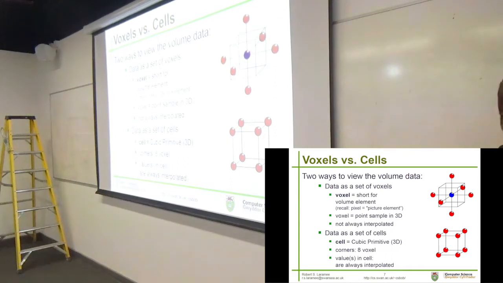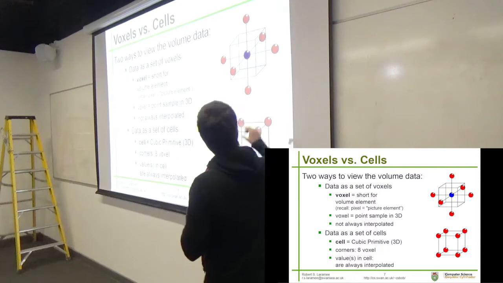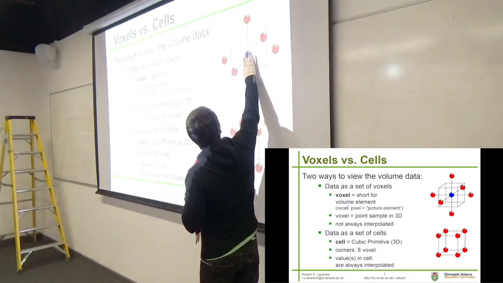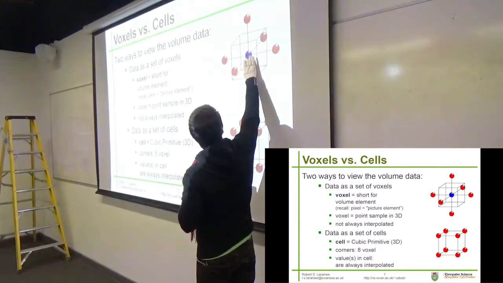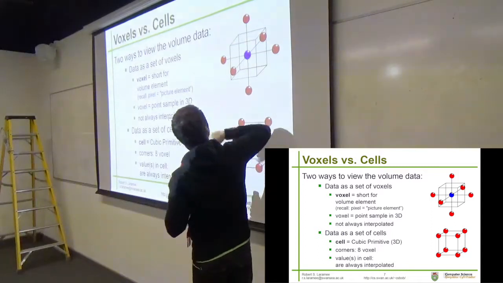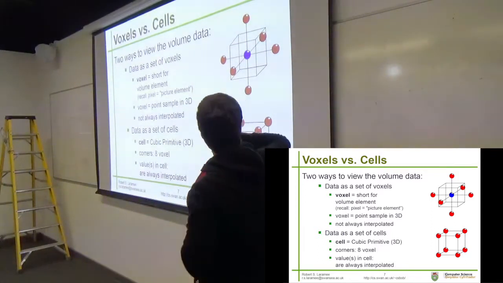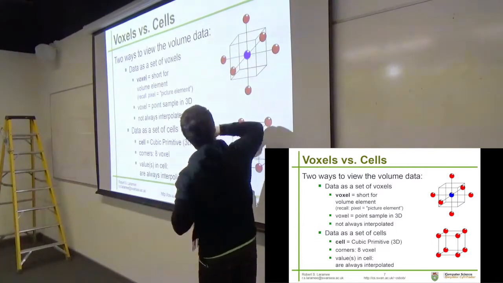So it's the 3D equivalent of a pixel, and it looks like this. The data is stored at the center of a cube, typically, and then we have our six face neighbors, in the six face neighbor cubes.